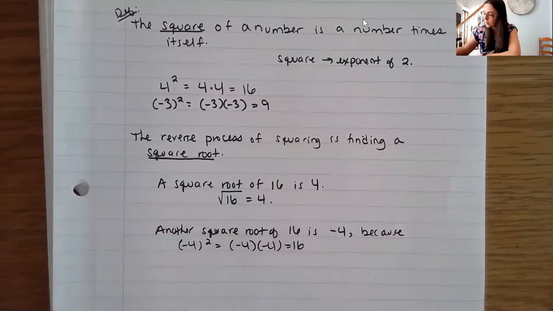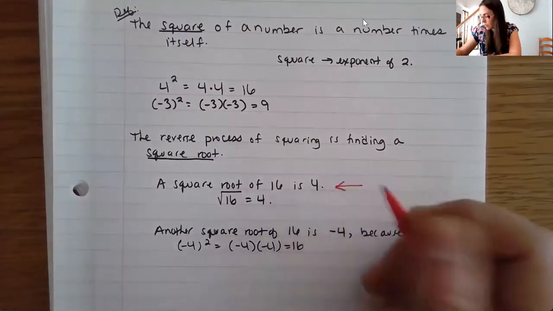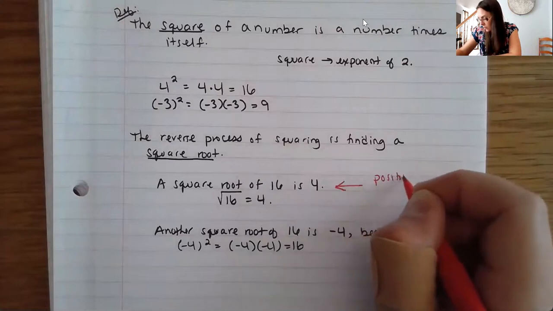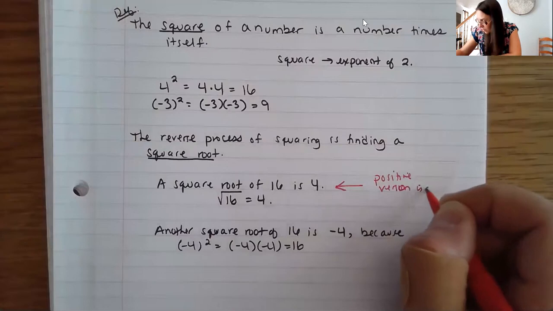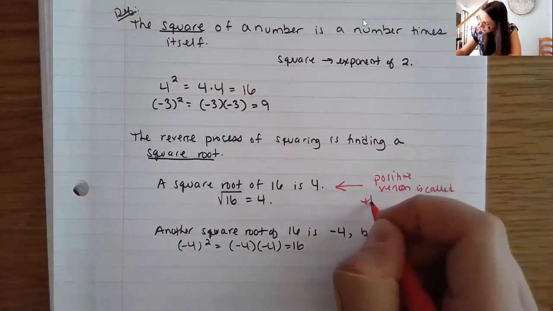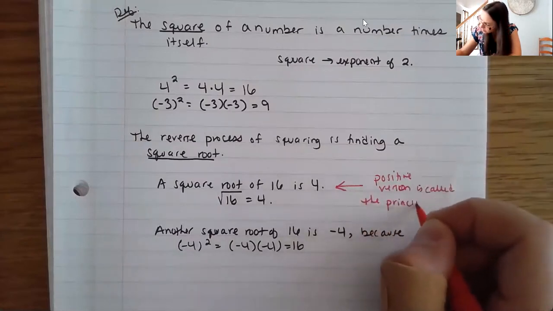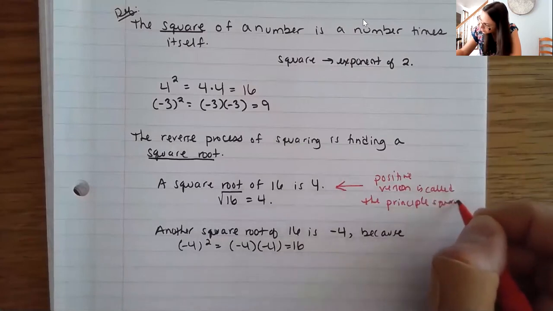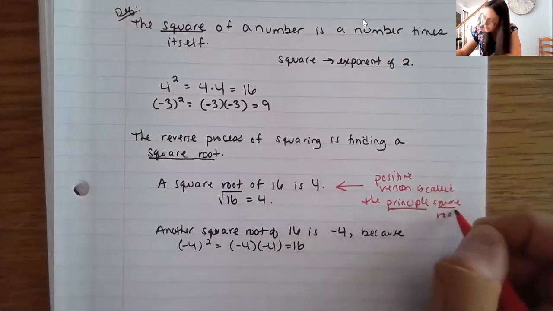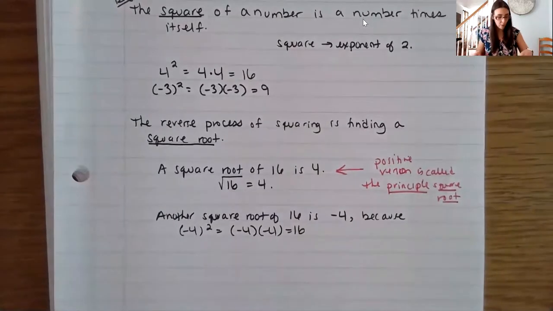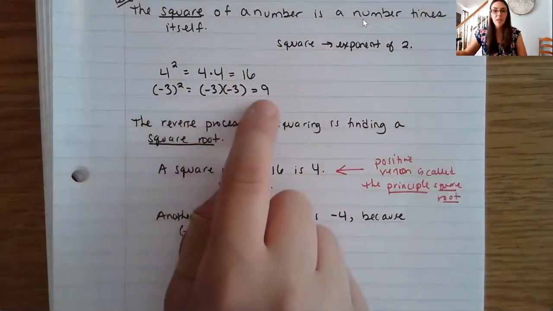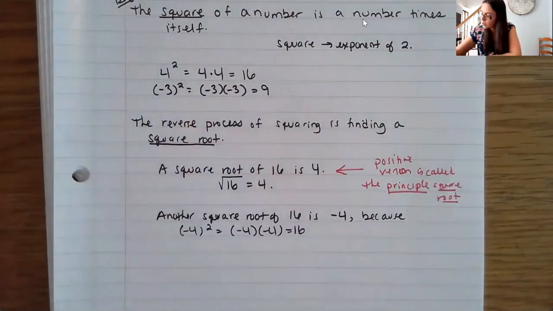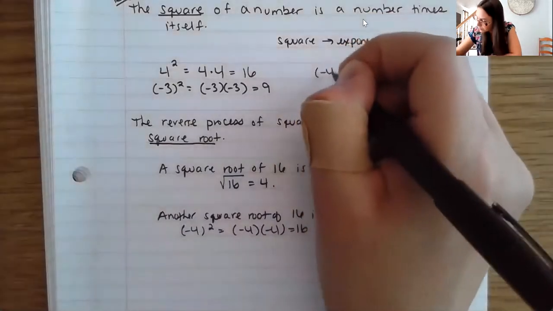However, I will tell you that the positive version is called the principal square root, and that is typically the one that we are given. And we have the example here too with a negative, right? So negative 3 times negative 3 is 9. So is 3 times 3. So maybe I should write both of these examples down.